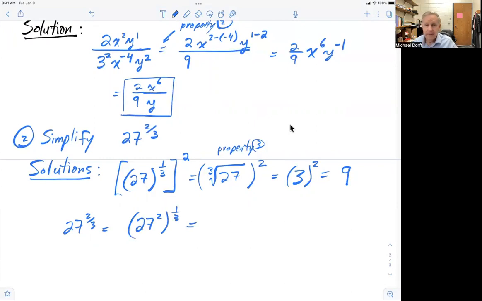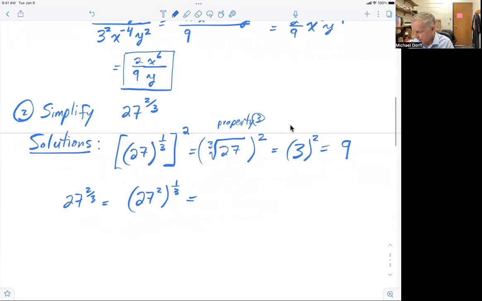Okay, but that's really complicated. 27 squared, I'd have to figure out what that is, and then I'd have to figure out what number times itself 3 times equals that 27 squared. I find that it's much easier to do the denominator part first when you have a fractional exponent. So I will always do that. So in this case, it's easier to do the way I did it by doing the 1/3 power first, 27 to the 1/3, and then squaring it at the end.